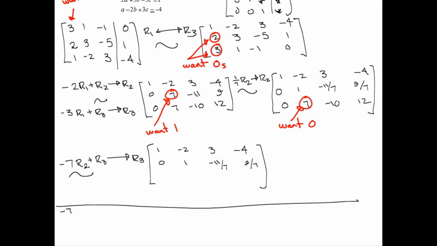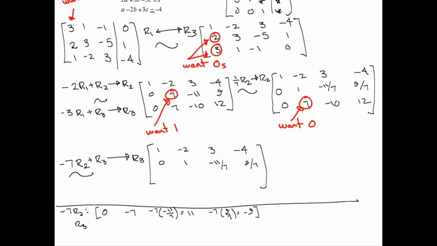If we do negative 7 row 2, what do we get? See how it's not going to undo the 0? So that's the nice thing. 0, negative 7 times negative 11/7 is going to give me positive 11. And then negative 7 times 9/7 gives me negative 9, right?